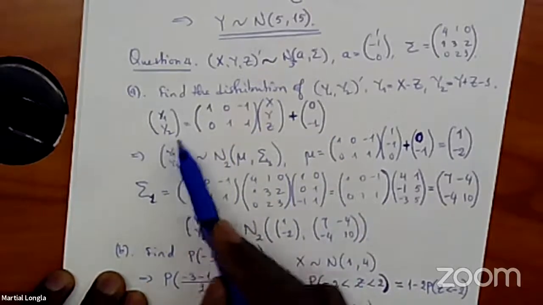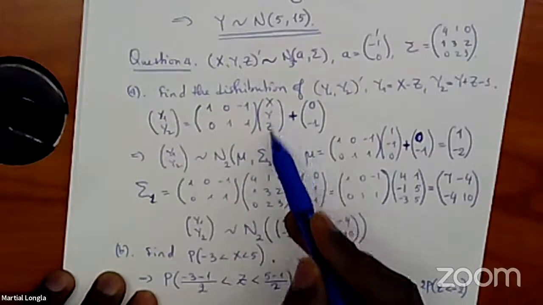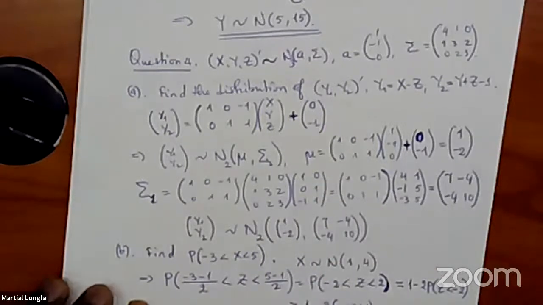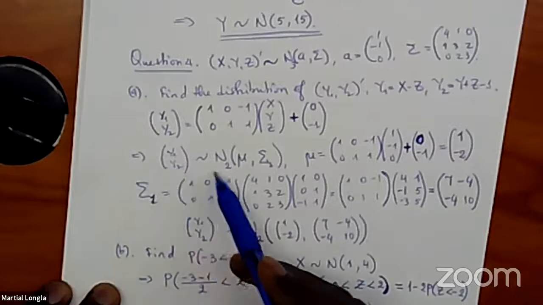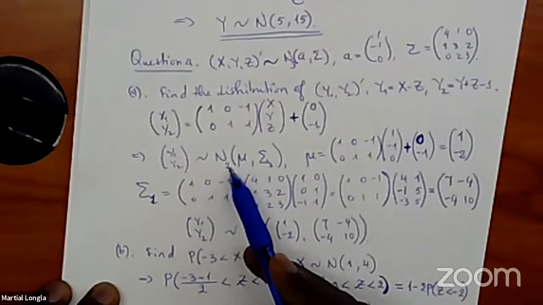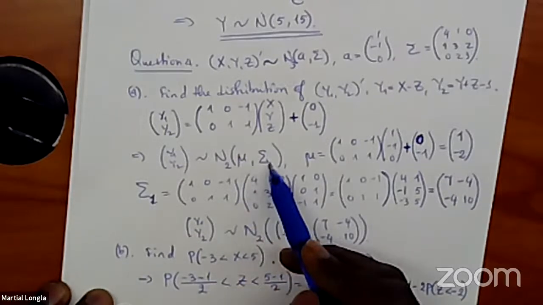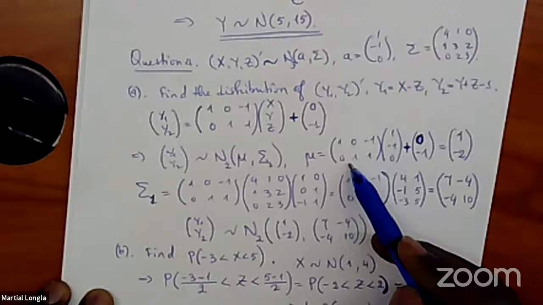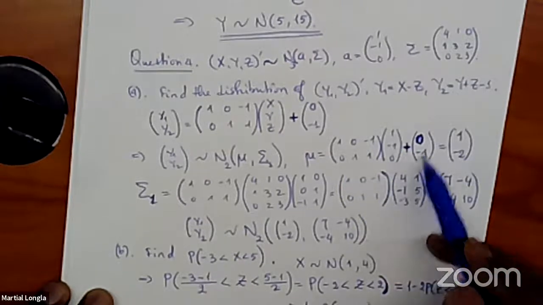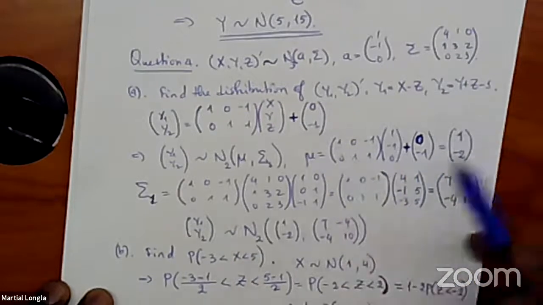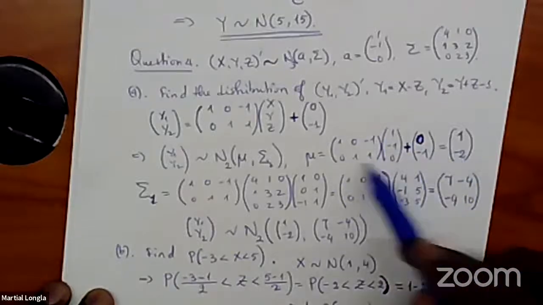Therefore, you get the vector is equal to this times X, Y, Z plus 0, -1. And therefore, you know that Y1, Y2 will follow normal with two components with mean mu and variance sigma 1, where mu is equal to A times the mean of XYZ plus 0, -1, which is the b. And you do that work, you find 1, -2. You don't keep it like that for me to compute for you.